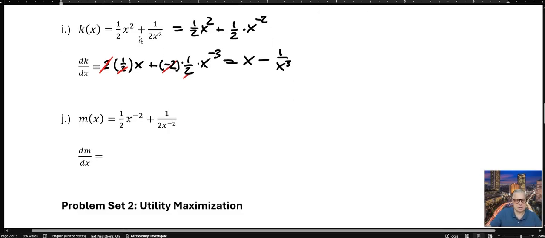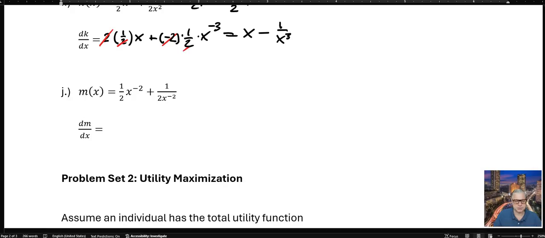Okay, now the last one, and then I'll stop there, and then we can do a couple of problem sets. So we have here m of x. Again, negative 2 goes in front. So we have negative 2 times 1 over 2 times x to the negative 3, negative 2 minus 1. Okay, this term, let's just write it again a little bit more conveniently.